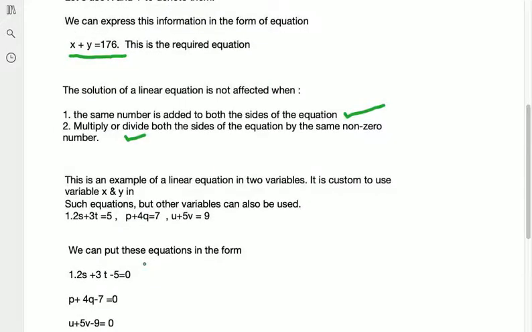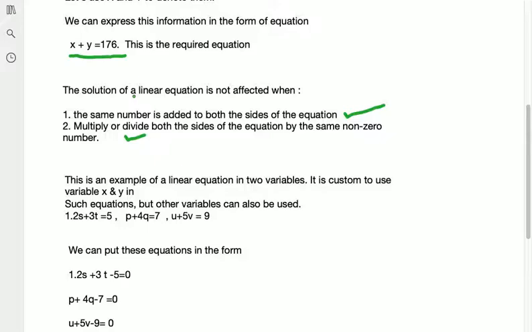Let's move further. This is an example of a linear equation. The example you saw is x plus y is 176. Usually we represent the equations using variables x and y.